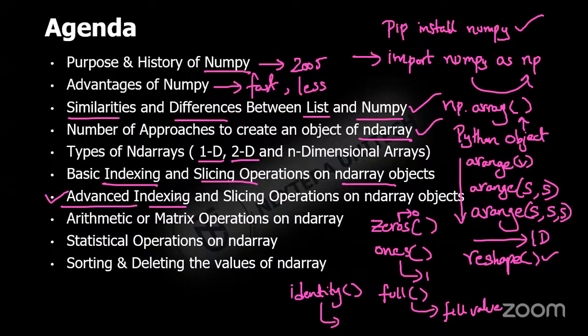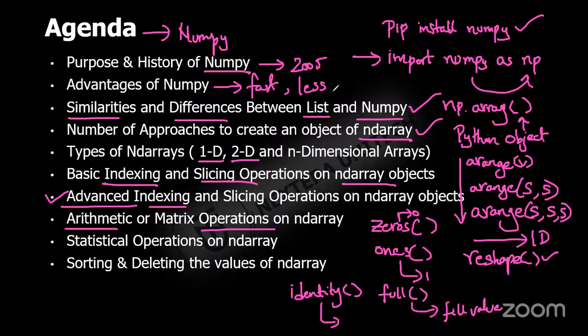We'll understand how this can be implemented on the ND array objects, followed by the arithmetic and matrix operations on ND array objects. So this will be our agenda for the day. Pay attention, very important topic. In the entire NumPy module, one of the important topics is indexing and slicing, as well as advanced indexing.